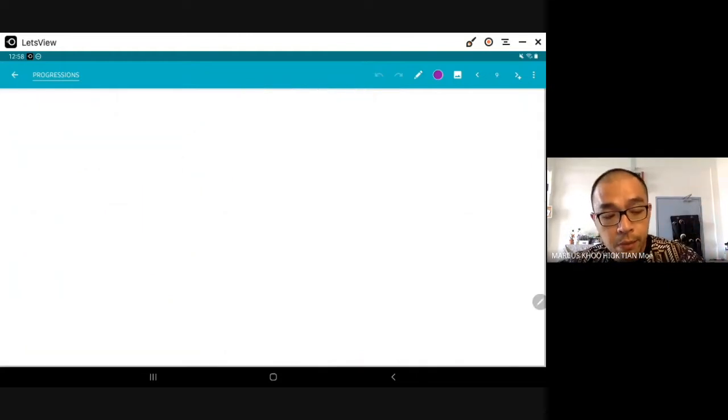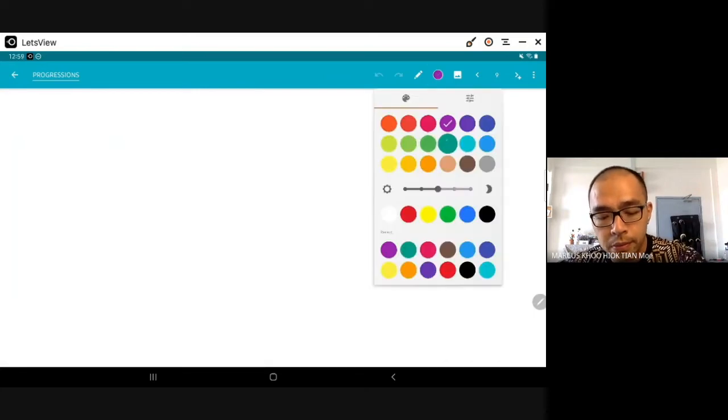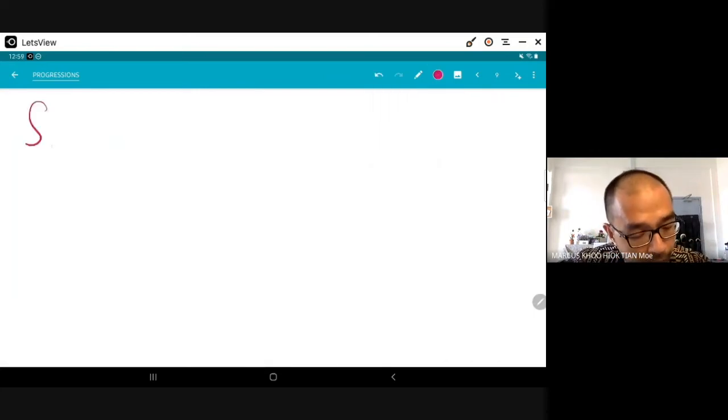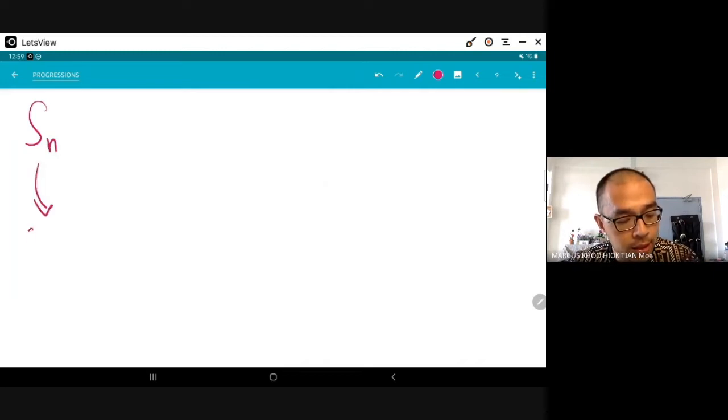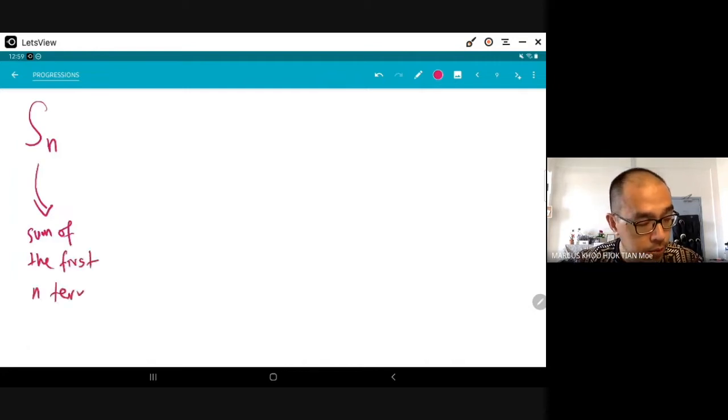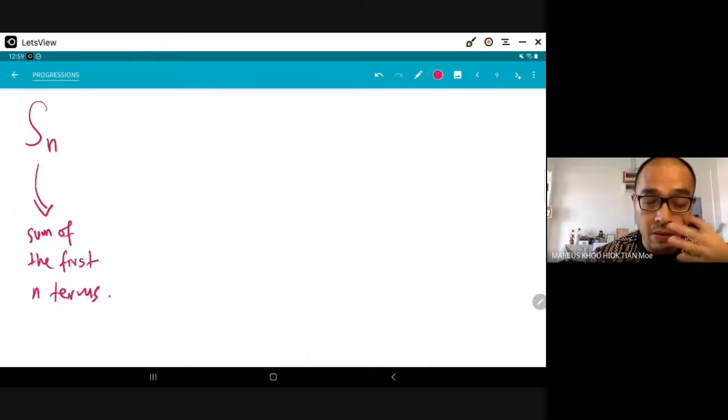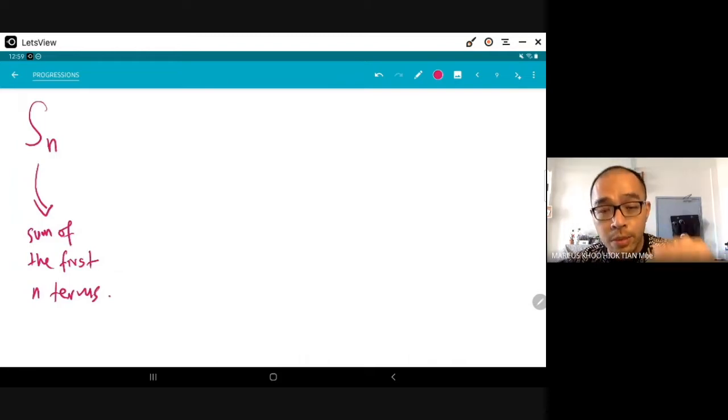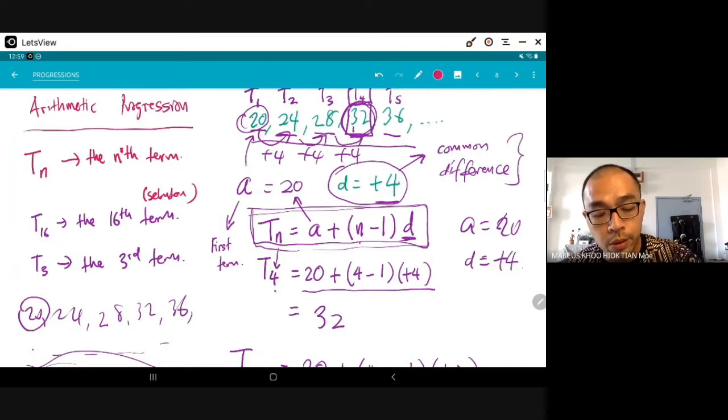Now, the second formula has to do with this one, Sn. Okay, Sn is the sum of the first n terms. Okay, the sum of the first n terms. Hasil jumlah n sebutan pertama. So let's say, for example, I'm going to use the same example we used just now, 20, 24, 28, 32, 36.